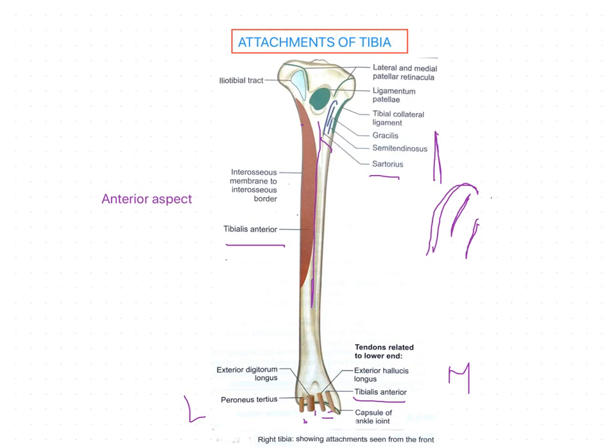Okay, now what are the ligamentous attachments to the tibia on the anterior aspect? If you see in the upper end, it is giving attachment to the ligamentum patellae.